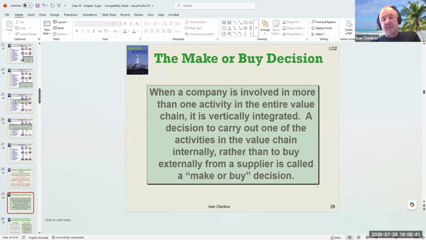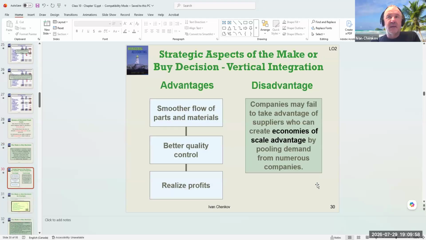The problem is sometimes we might free ourselves from certain activity and buy it from outside. But we're only going to buy it if it's cheaper. So that particular decision is called make versus buy decision. Which are the benefits if we decide to go and eat outside?